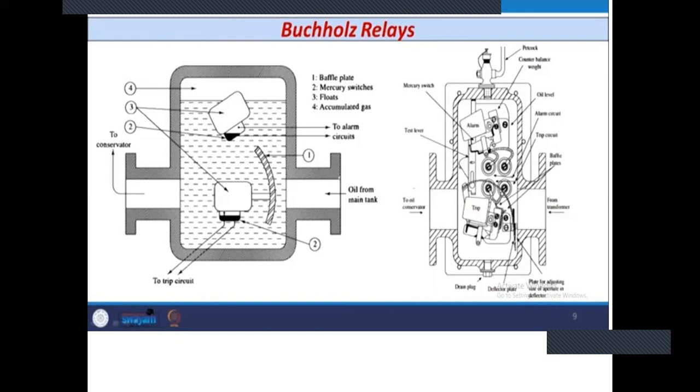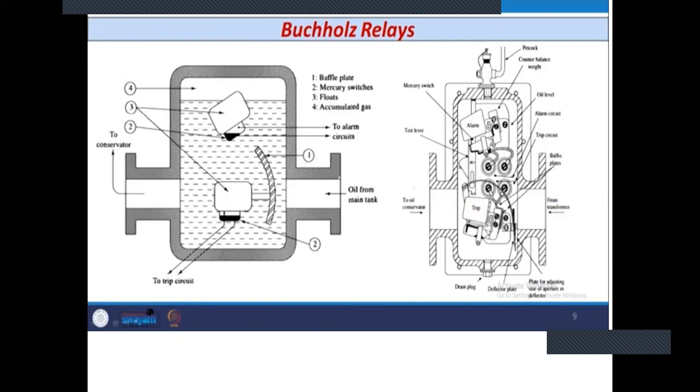Now you can see that along with the lower float, there is another plate known as the baffle plate that is also connected.